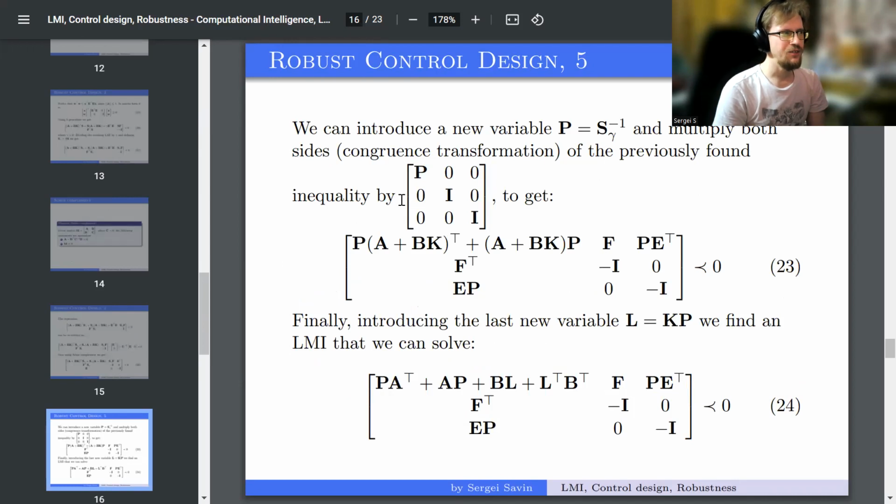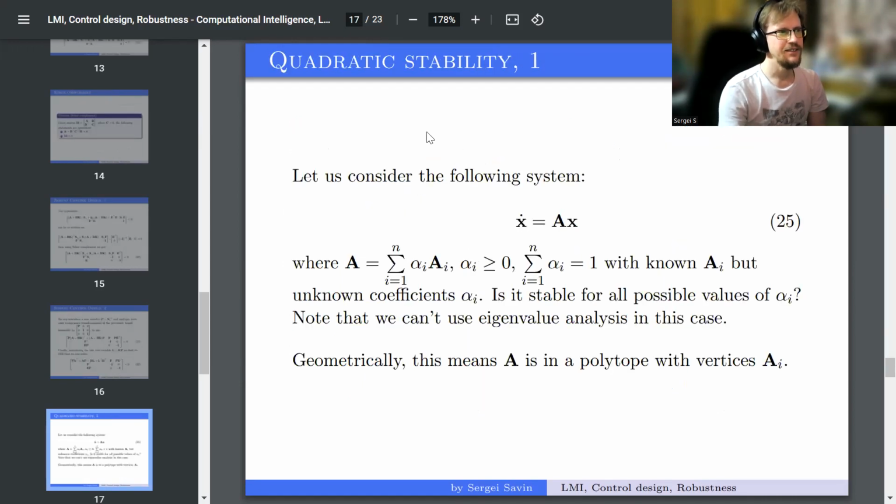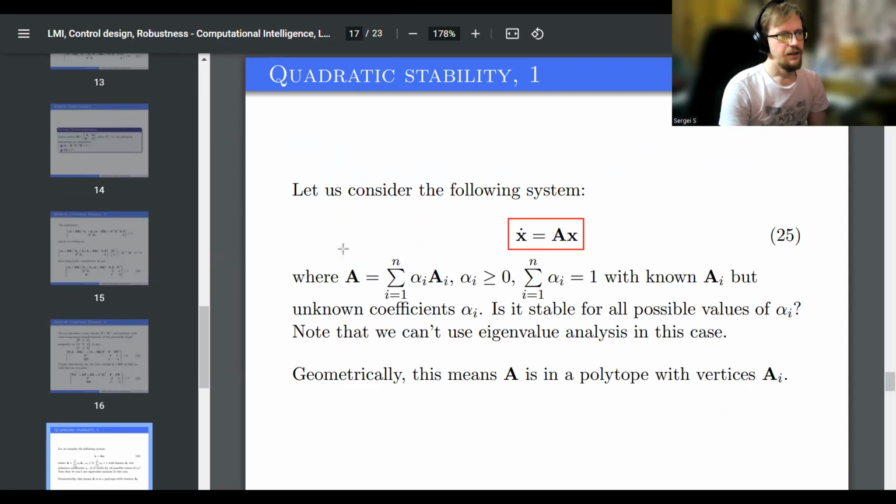Now, there is a way to do all of this simpler, and that is quadratic stability. Quadratic stability is the idea that you have, let's say, this system, and this system is given as a combination of n systems, where those are convex combinations.